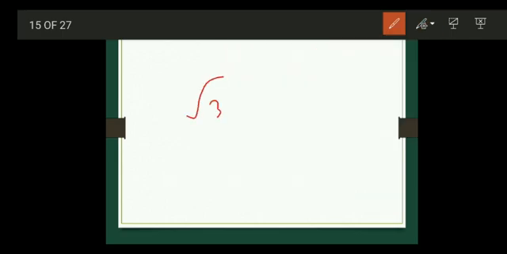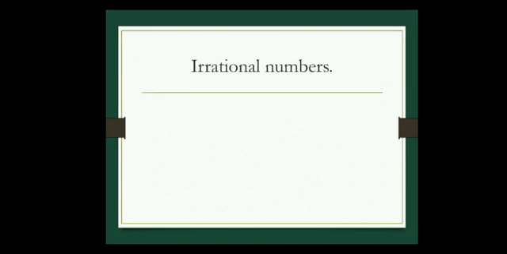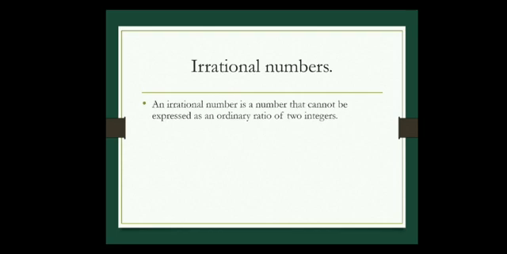Similarly, root 3, root 5. So what is an irrational number? A number which cannot be written in the form of p by q. So an irrational number is a number that cannot be expressed as an ordinary ratio of two integers.